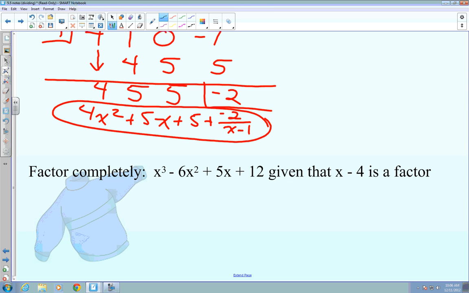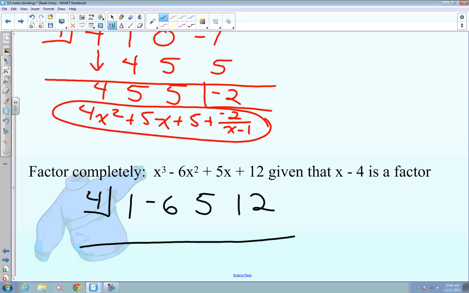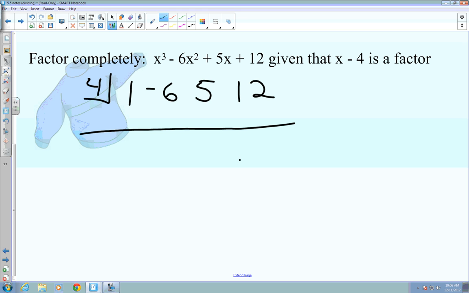Okay, so we should have this. We have 4, we have 1x to the third, minus 6, plus 5, and 12. Okay, I bring the 1 down. 4 times 1 is 4.